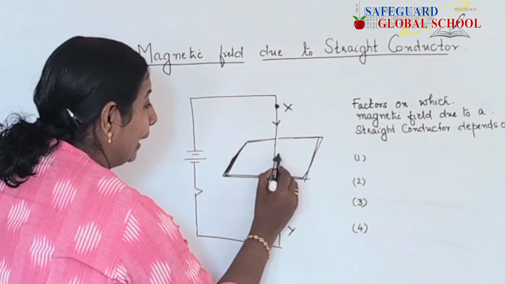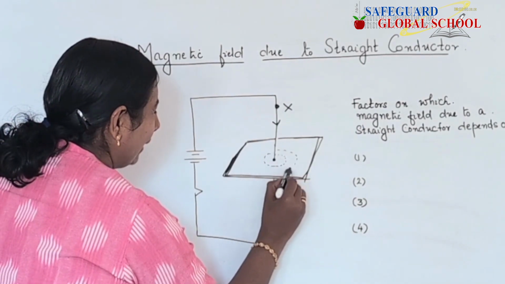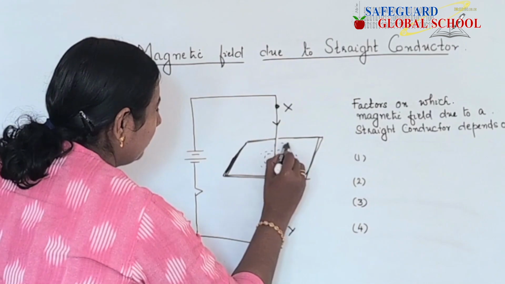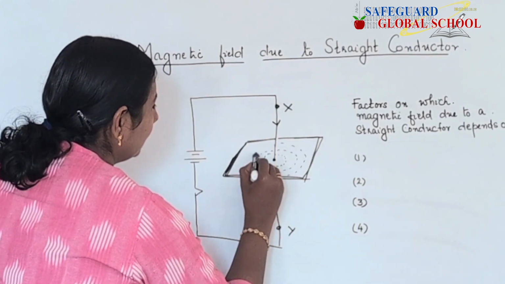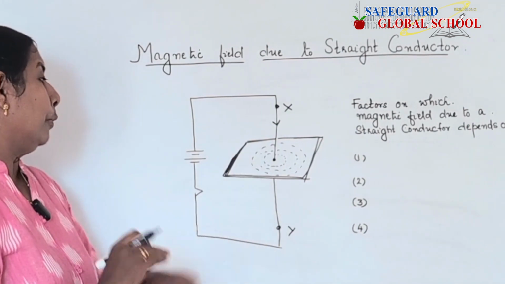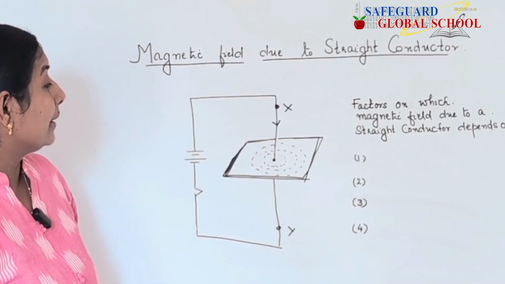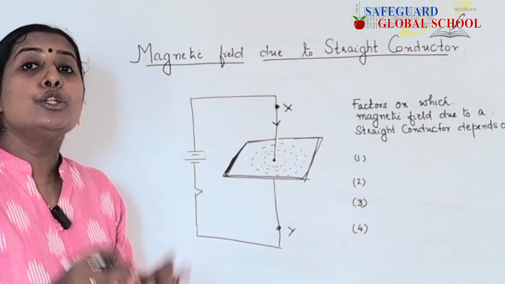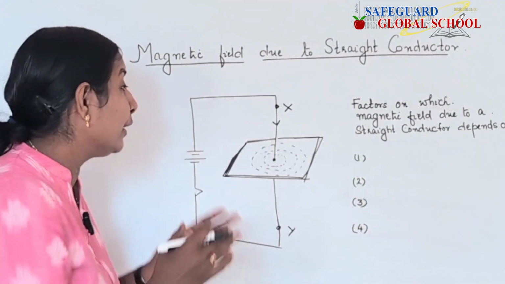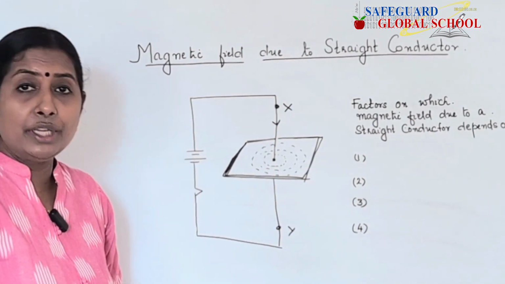So these iron filings get arranged in a particular pattern like concentric circles around a conductor. The first point that we have to note is, as the iron filings are arranged like this, it shows the nature of the magnetic field around the conductor. What is the nature that we see here?